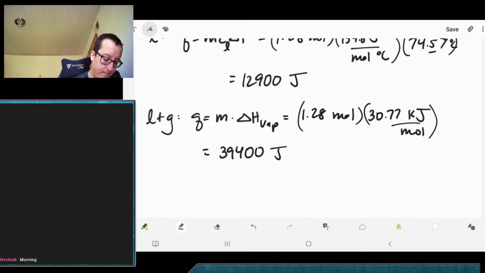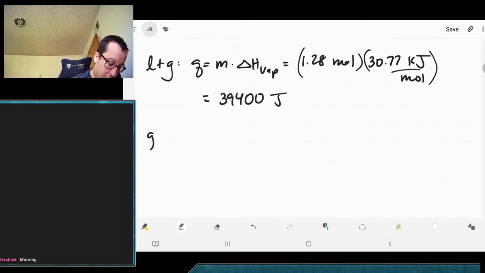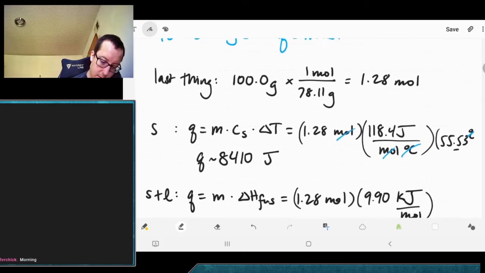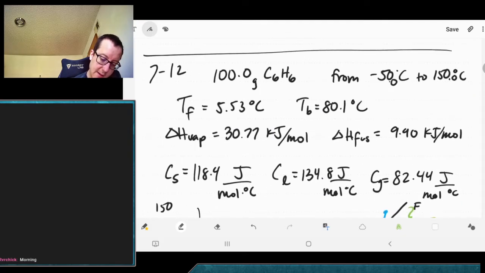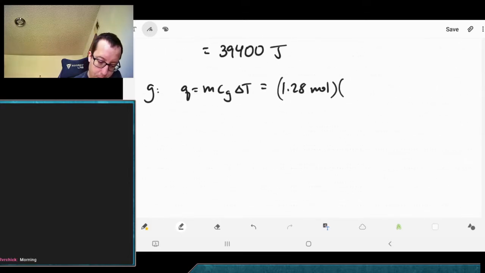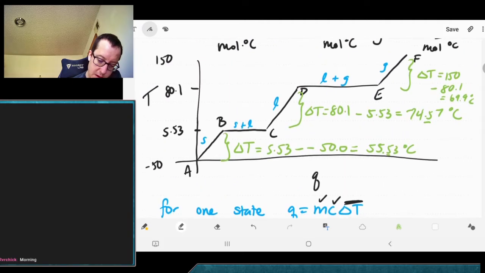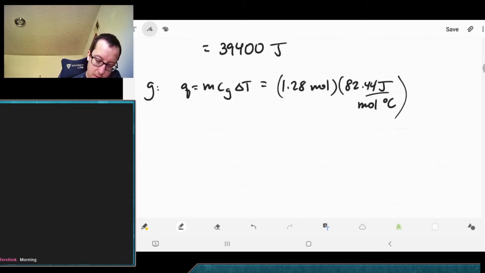And then the last one, the gas phase only, back to MCAT. And so we have 1.28. C for gas is 82.44. And then we had our delta T, which was 69.9.